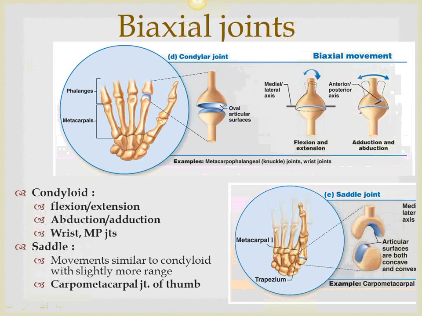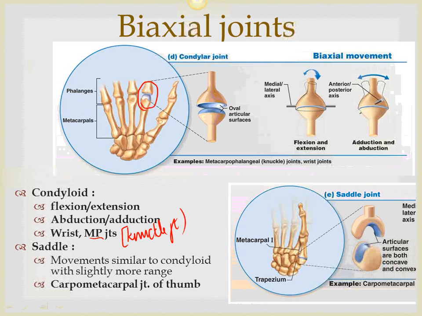The other example of a condyloid joint is this metacarpophalangeal joint as shown here. And one way to remember metacarpophalangeal, MP joint, is the knuckle joint. So again, at the knuckle joint, what can you do? If you look up here at your knuckles, put your fingers on your knuckles and flex.